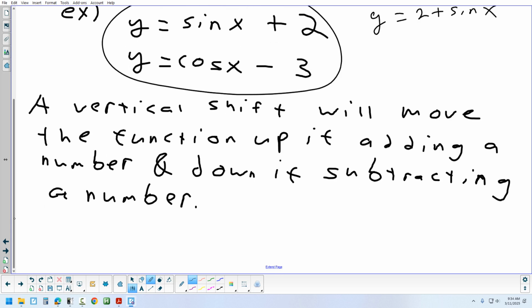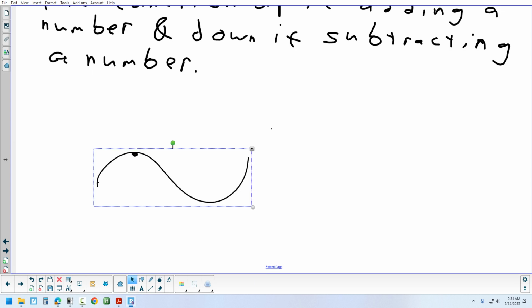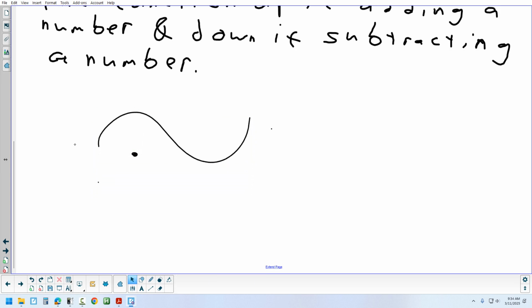So the next thing to look at is what column is going to change. So think about if you had that wave and you have a point on it. If we take that wave and we shift it up, that point goes from here up to there.